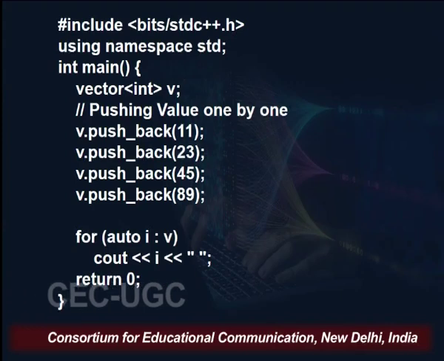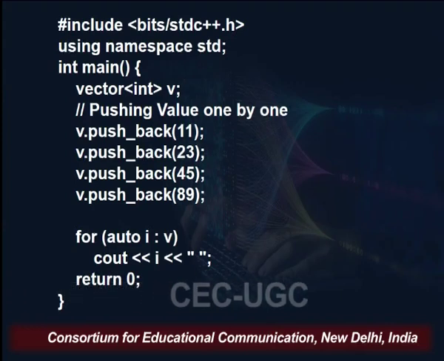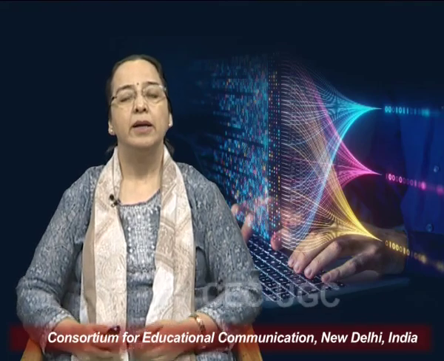In the previous example we supplied an initializer list, but here we initially created an empty vector and then pushed back some values. The third way of creating the vector is creation of a vector with a single value.